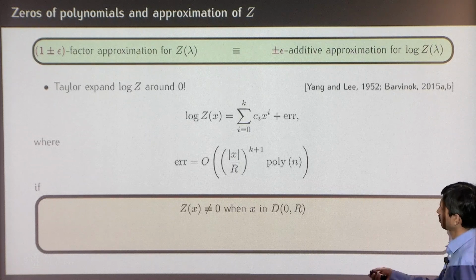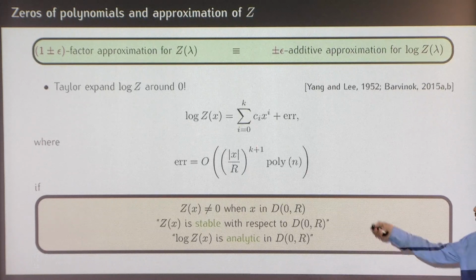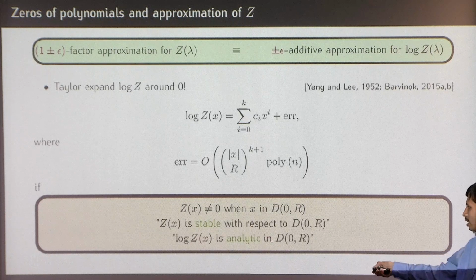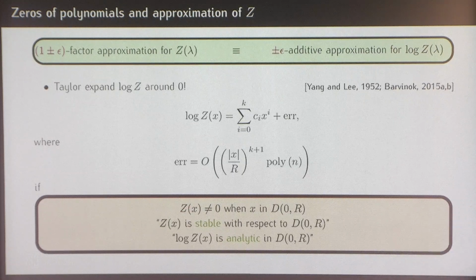Well, it's valid if log Z is analytic, and that can be said in several ways. This whole thing is valid if log Z is analytic in the disk of radius r around 0. That is the same thing as Z(x) being non-zero in that disk, and sometimes also written as Z being stable with respect to the disk. There are different ways of saying the same thing in this setting.